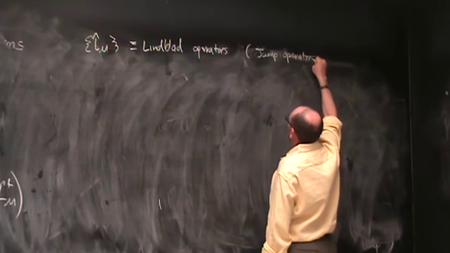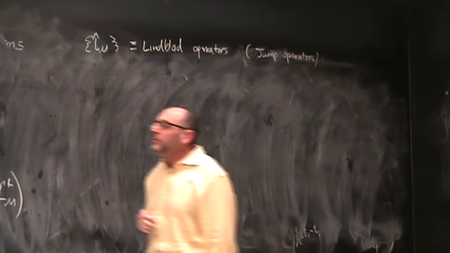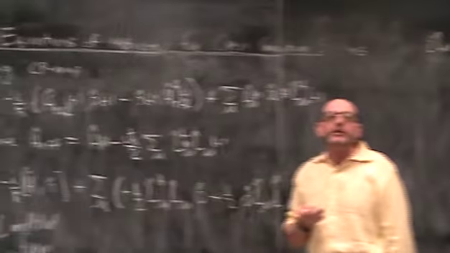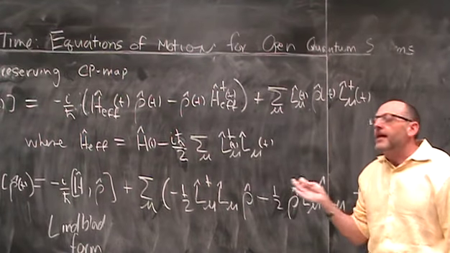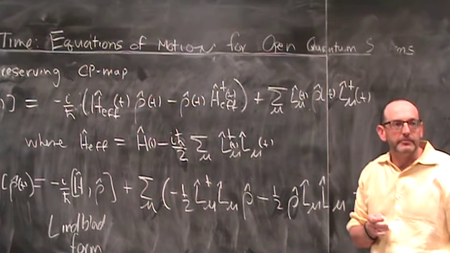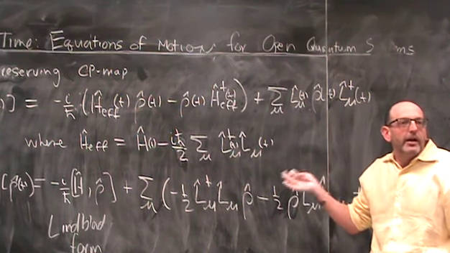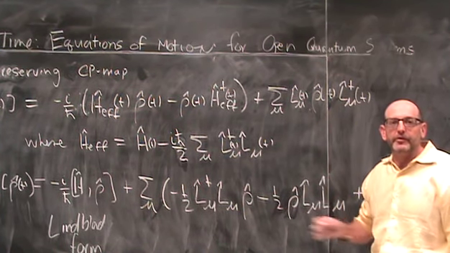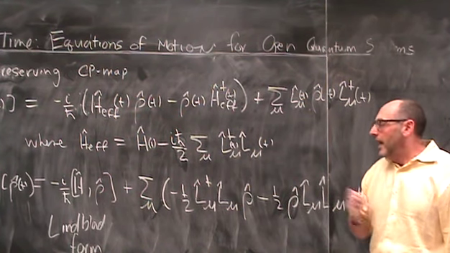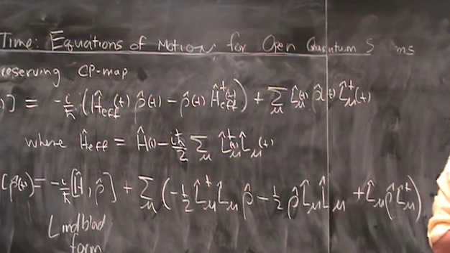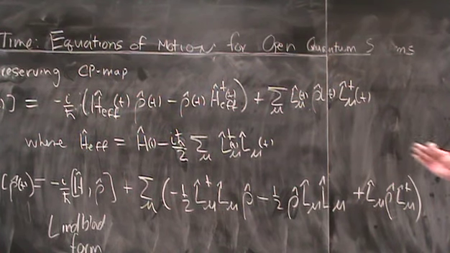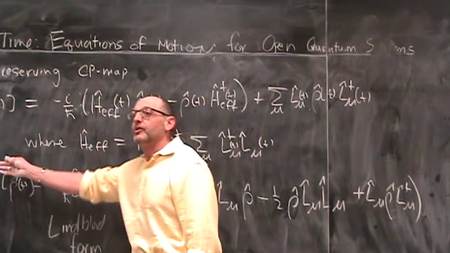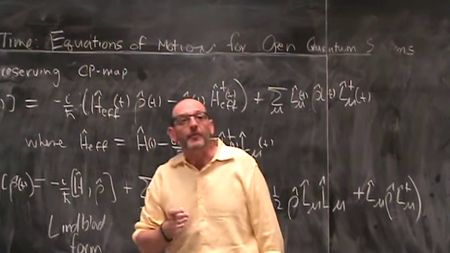I should say, to re-emphasize, the Lindblad form of the master equation doesn't necessarily have to be trace preserving, but as I've written it, it is a trace preserving evolution. You can check for yourself: if you take the trace of both sides of this equation, you'll get 0.